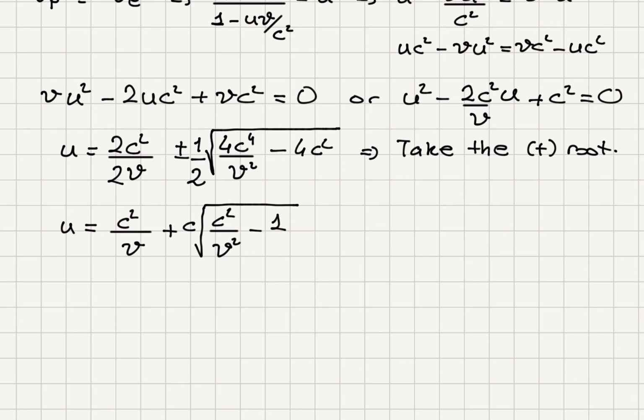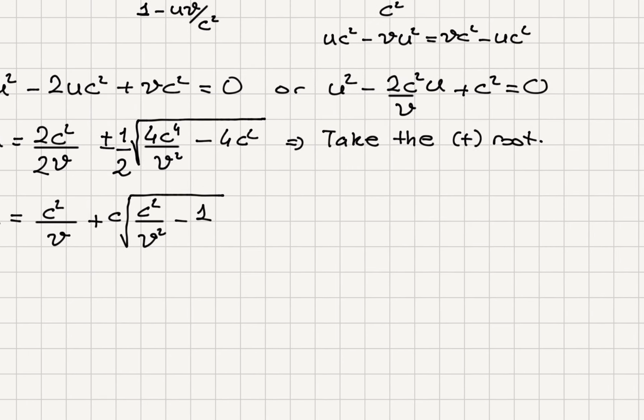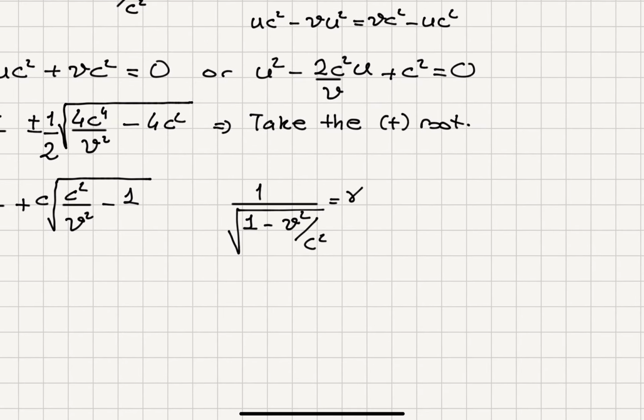And now I recall that 1 over square root 1 minus v squared over c squared is equal to gamma. That means gamma squared minus gamma squared v squared over c squared is equal to 1 if I take the square of both sides.